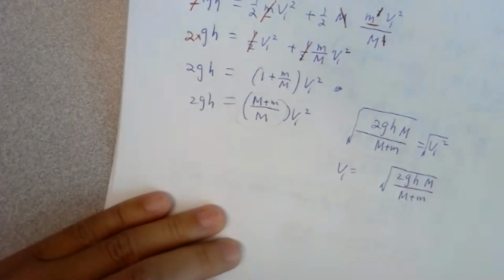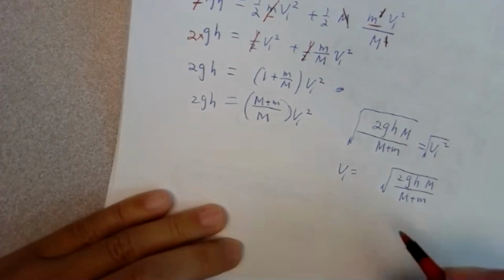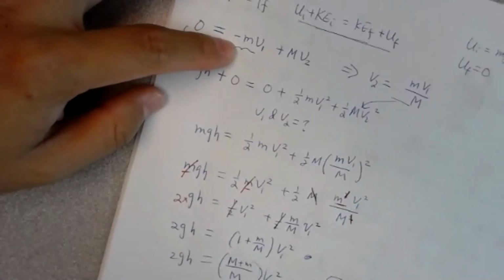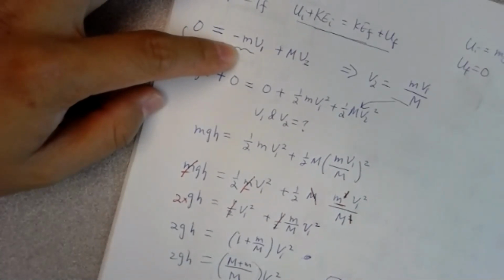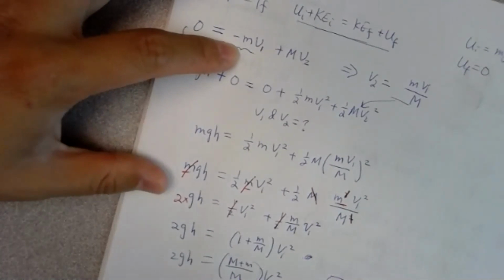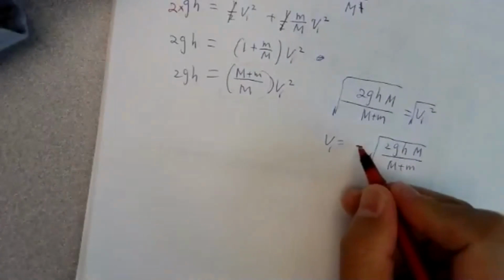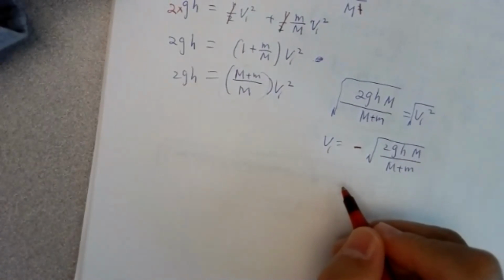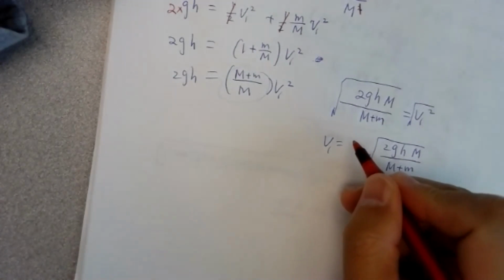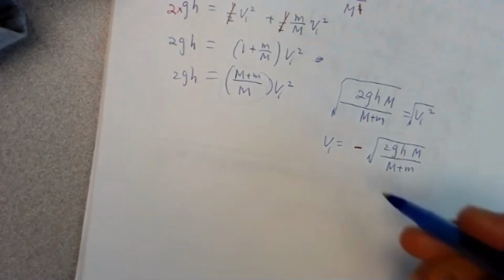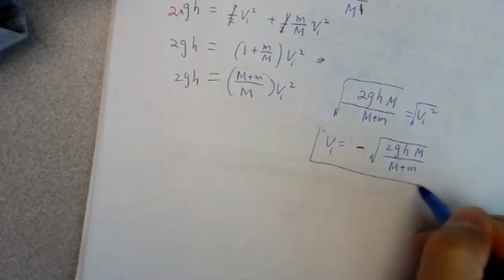Now keep in mind initially when we say this guy, the velocity for the cart should be towards the left. So then you want to put a minus sign on the v1 here, indicating this is towards the left. Okay, so this is minus for v1.